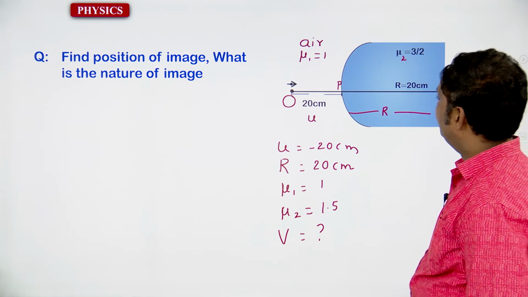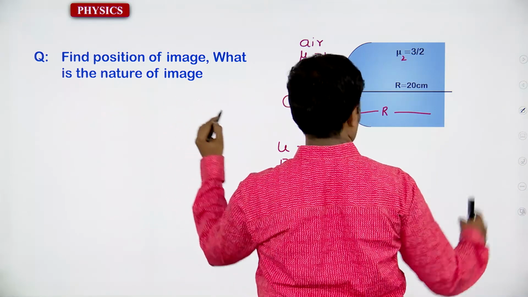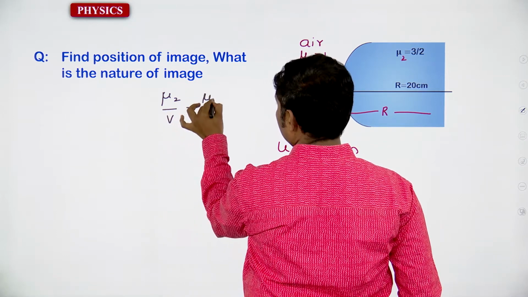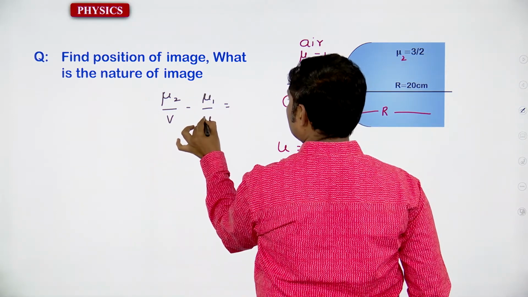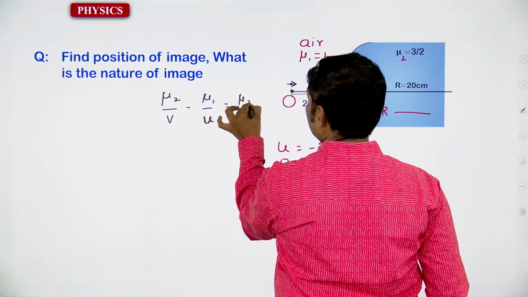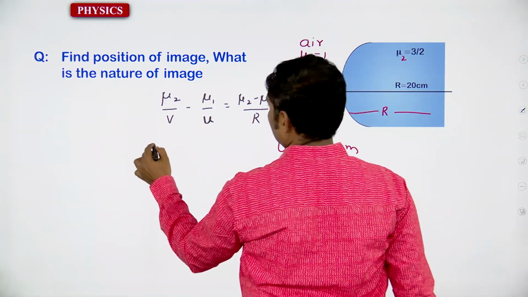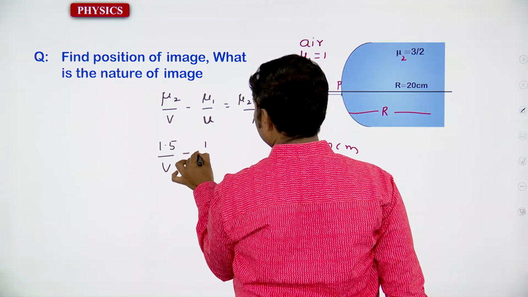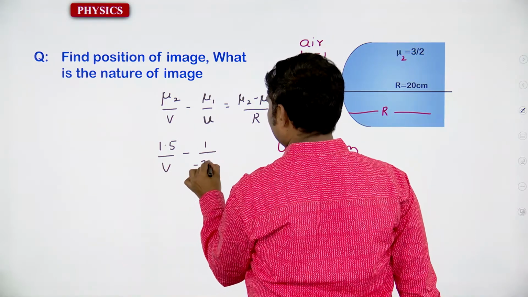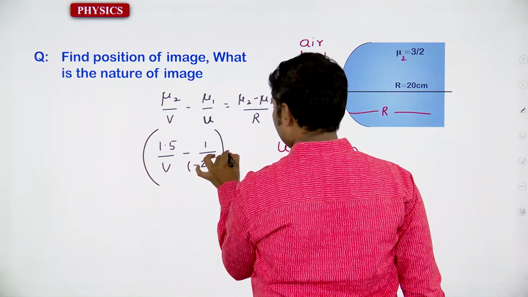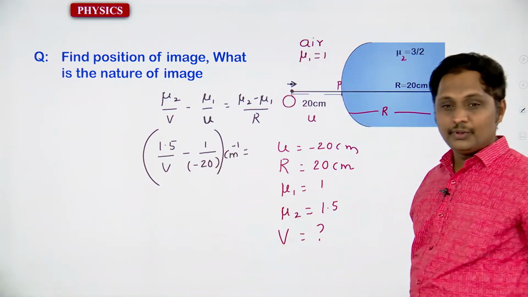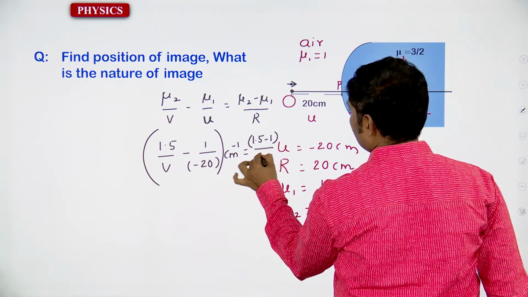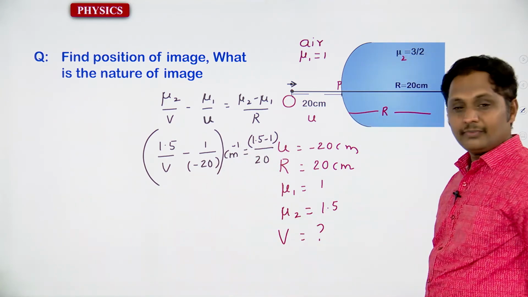Just consider that equation: mu2 by V minus mu1 by U is equal to mu2 minus mu1 by R. So, substituting, that is 1.5 by V minus 1 by minus 20, all upon centimeter inverse, is equal to 1.5 minus 1 whole upon 20.